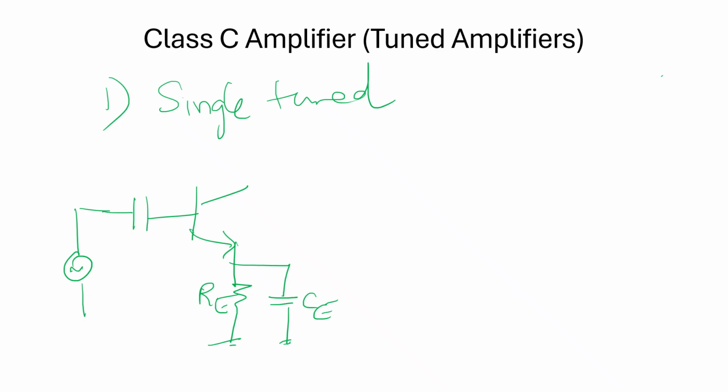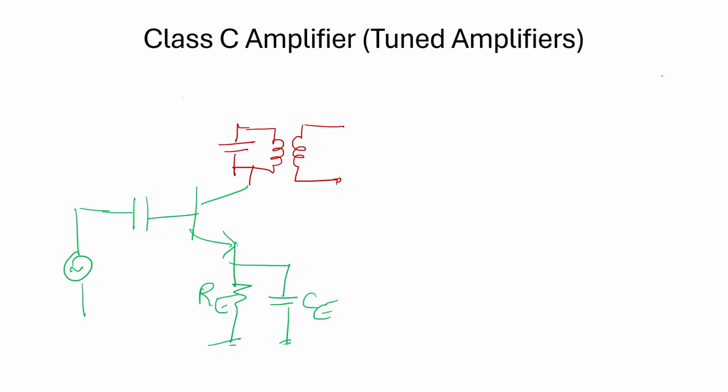RE, CE, and here the collector terminal, and the LC circuit is connected to the collector terminal of the amplifier, provided with R1, R2 resistors.